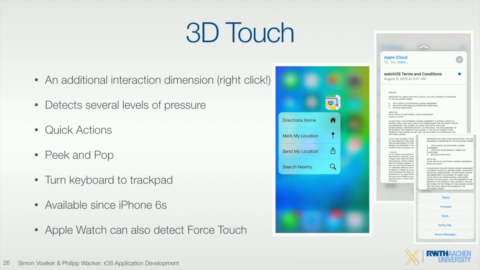Peek and pop, yeah, available. And the watch can also detect it, but I'm not sure what it does on the watch. It's additional information, but also only shortcuts in a way. So this is a way to follow the golden rule of having shortcuts for users, by letting them use specific gestures that you could also achieve by going through a couple of menus.